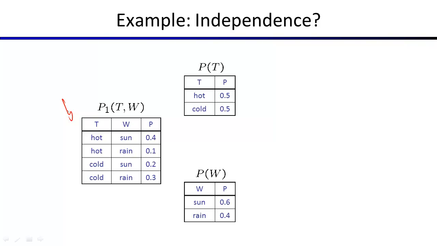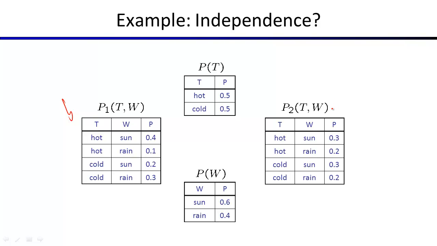You build the marginals, which we saw how to do last lecture. Then you build a new table, which is equal to the product of the marginals. For example, this 0.3 comes from multiplying this entry with this entry over here, probability of hot times probability of sun.